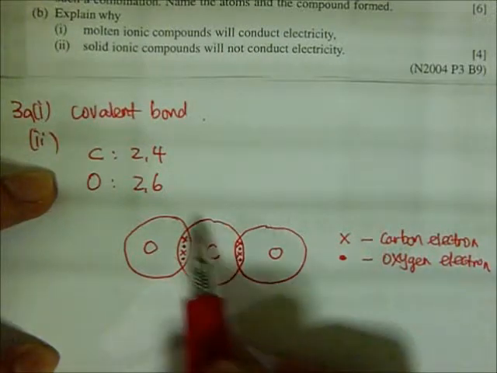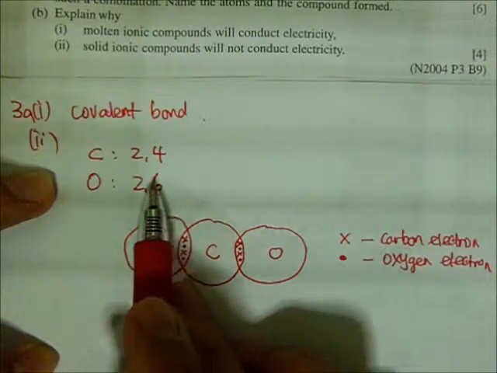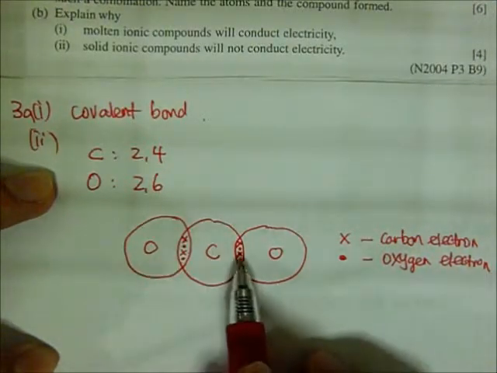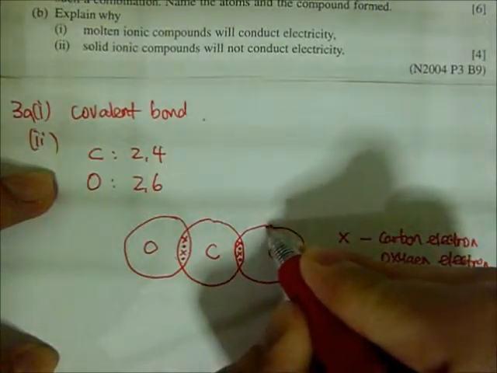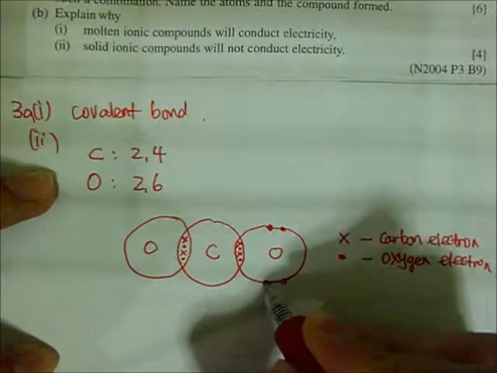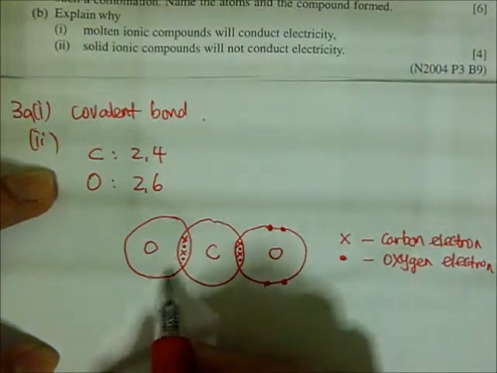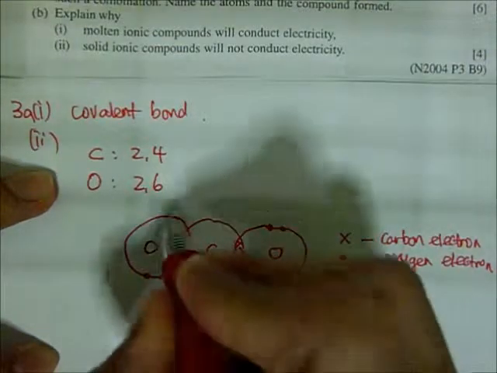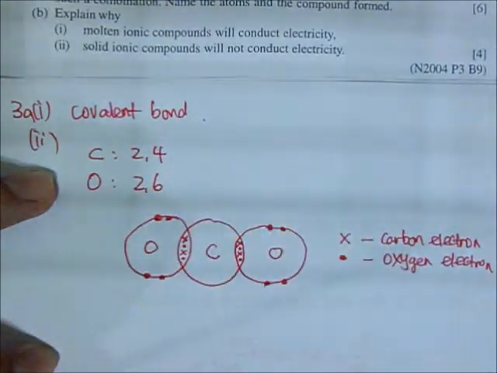Oxygen, 1 2, but each oxygen atom has 6 electrons. There are only 2 electrons here, so 3 4 5 6. Same thing for the oxygen here, only 2 electrons here, 3 4 5 6.